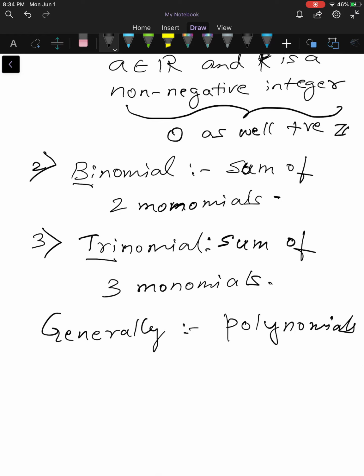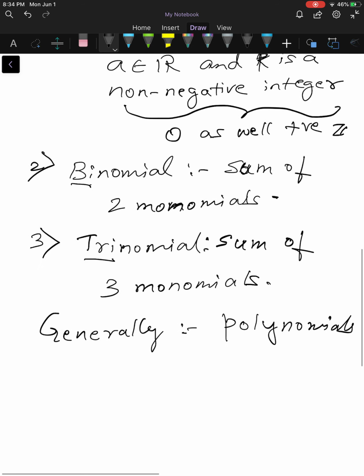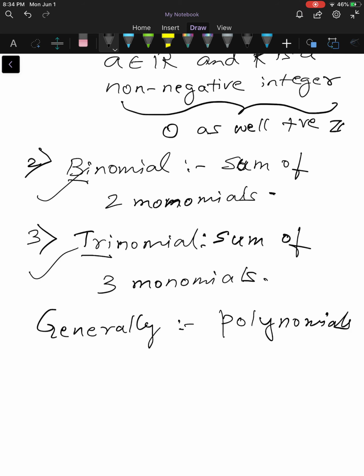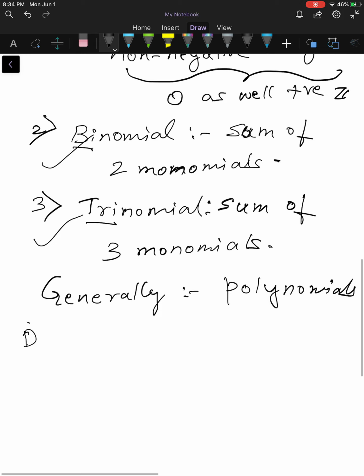But in general, we call everything a polynomial. Therefore, your monomials, binomials, trinomials, and if there is a sum of more than 3, like 4, 5, and so on, everything is called a polynomial. So, let us define a polynomial.